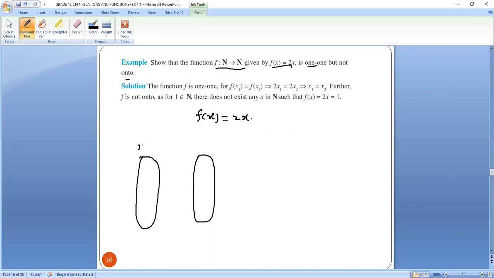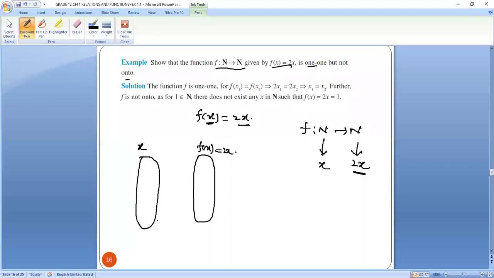Here it will be x. In the second set it will be f(x), and f(x) is given by 2x. x can take all N values because f is a mapping from N to N. All natural numbers means x, and these natural numbers map to 2x. This first N belongs to the left hand side, which is x, and this second N after the arrow belongs to the right hand side, which is 2x, right?